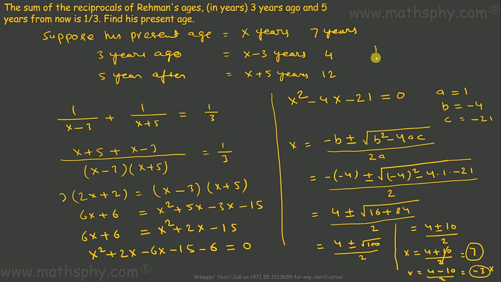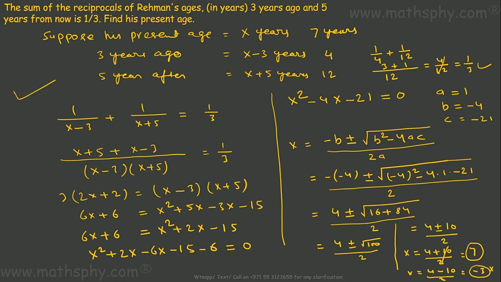Reciprocal means 1 over 4 plus 1 over 12 will be 4 over 12, which is 1 over 3. That's what this question says: the reciprocals of Rahman's age 3 years ago and 5 years from now sum to 1 over 3. So the answer is right. Present age would be 7 years.